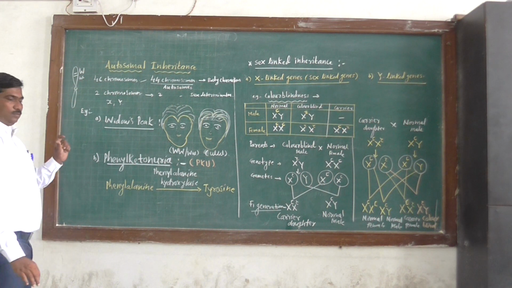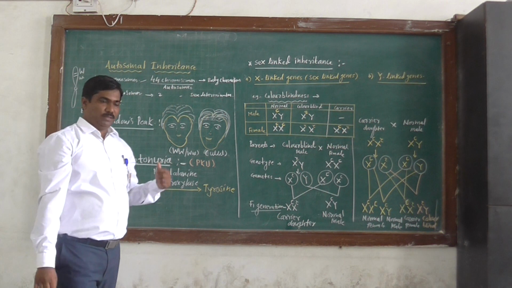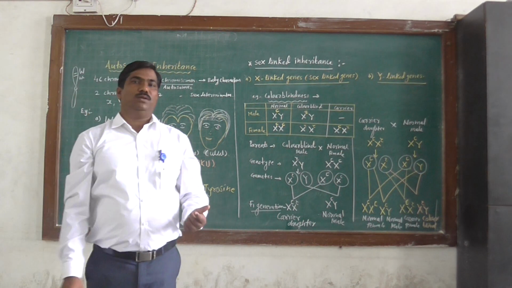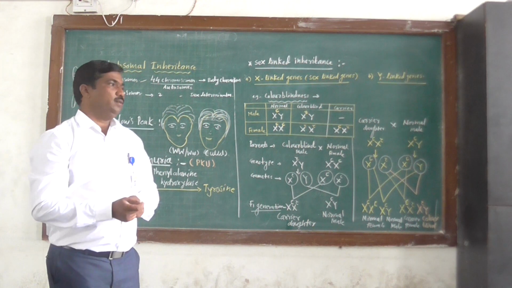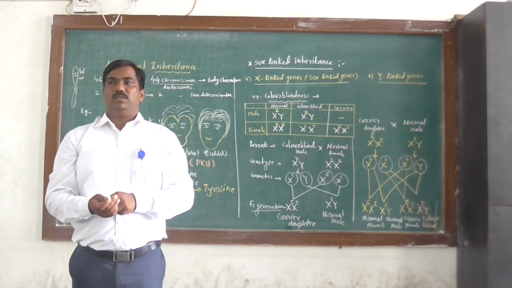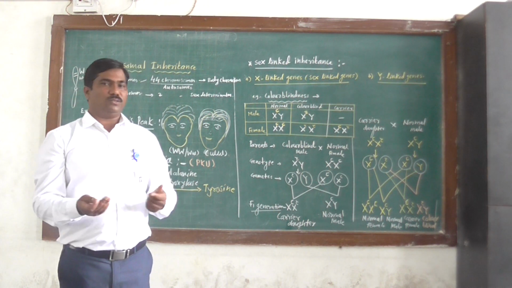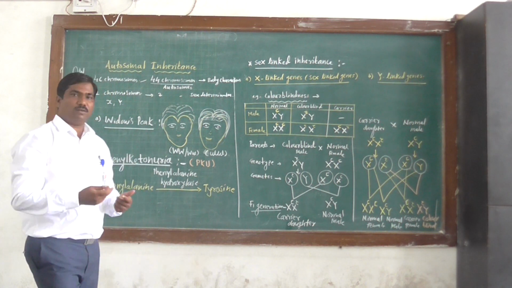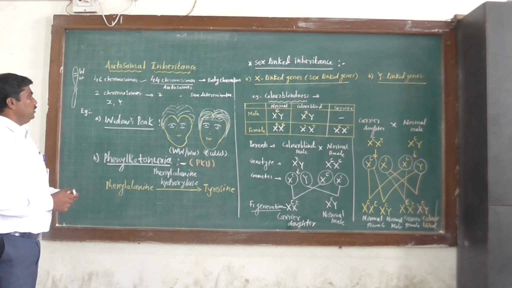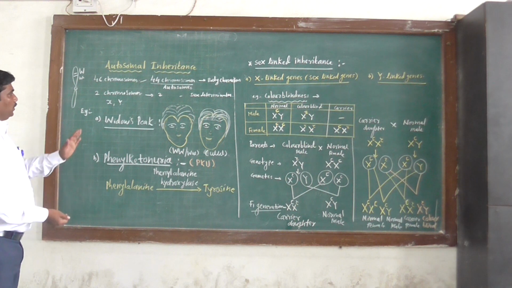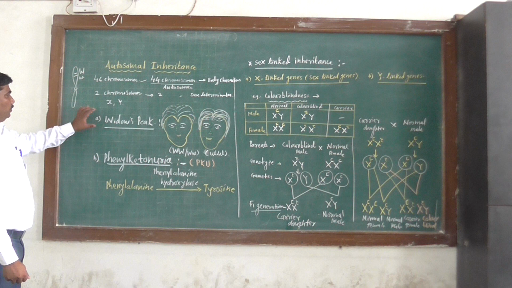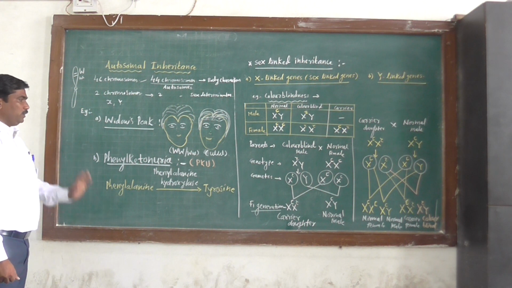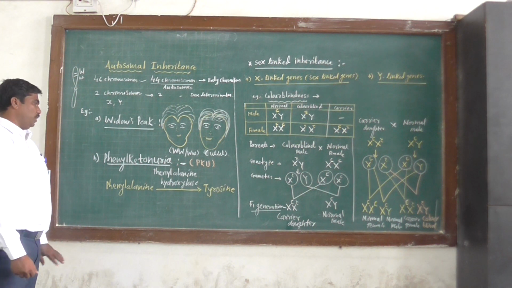The dominant genes present on an autosome determine the characters called dominant characters, and the recessive genes determine the characters called recessive traits or recessive characters. So there are two examples of autosomal inheritance. One is widow's peak and another is phenylketonuria.